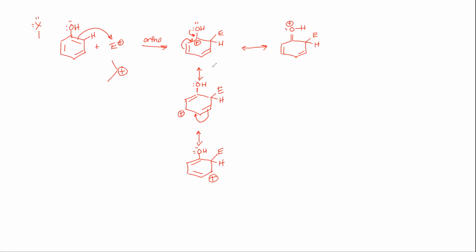So then a final step, you could take this pair of electrons from the hydrogen, let's just do it down here. You take this pair of electrons, move it there, you would lose H+, and then reform the aromatic ring. And then you would have your E there because you lost your H+.